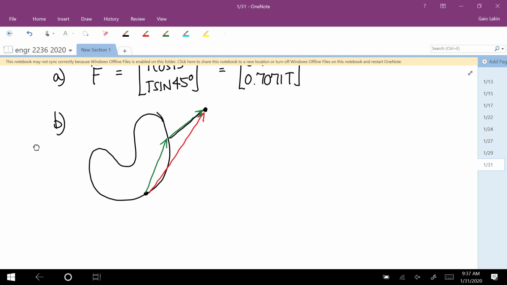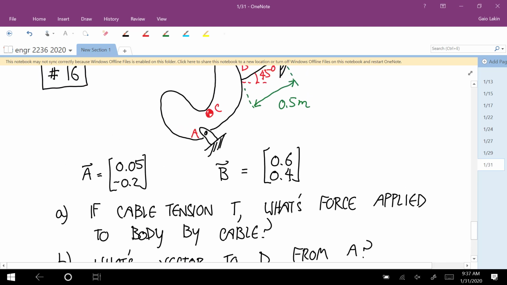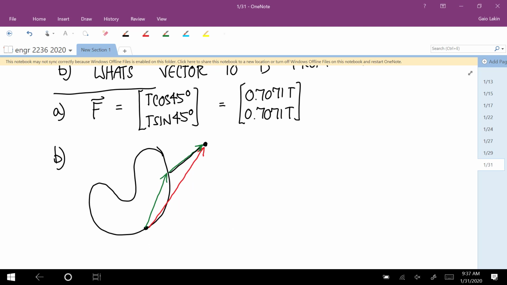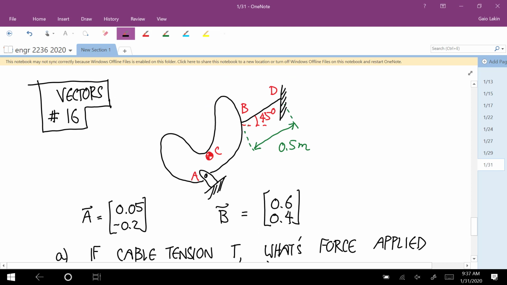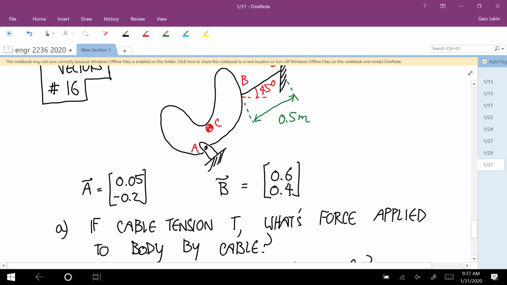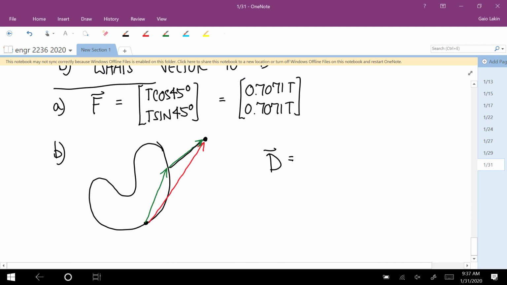Well, let's figure out the coordinates of D. So D is the coordinates of that point B plus the vector from B to D. So 0.6, 0.4, the length of the cable times the unit vector in its direction.